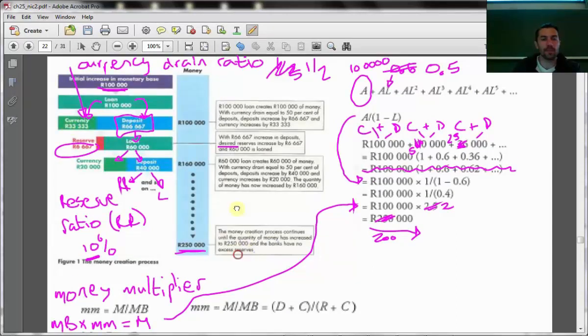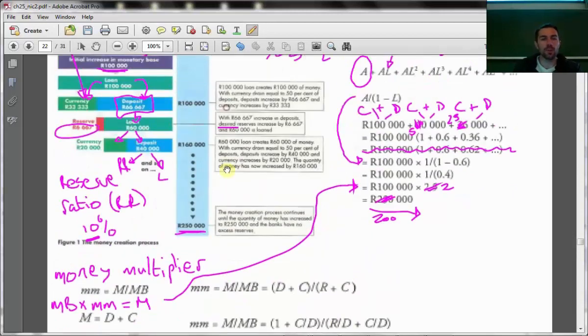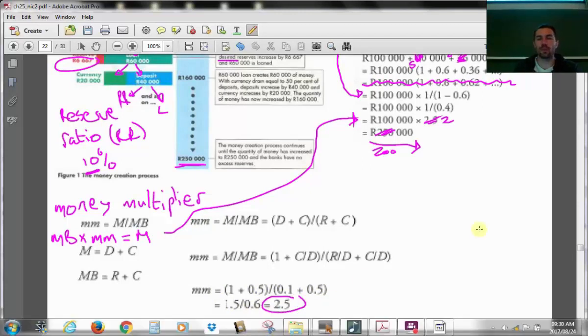Reserves to deposits was going to be 10%. So 1 plus 50% divided by 10% plus 50% is 1.5 divided by 0.6, which is our money multiplier, 2.5.